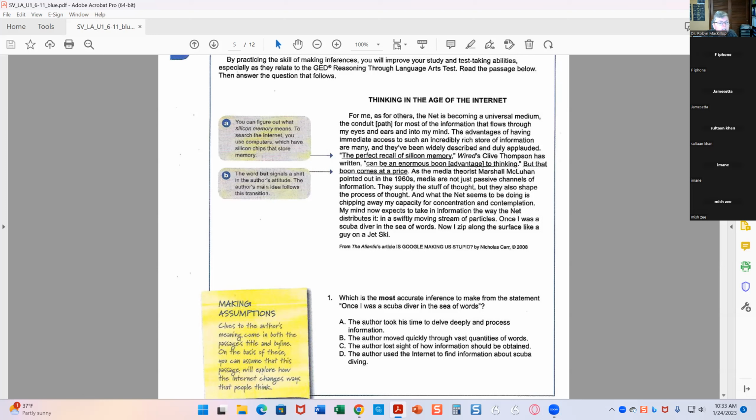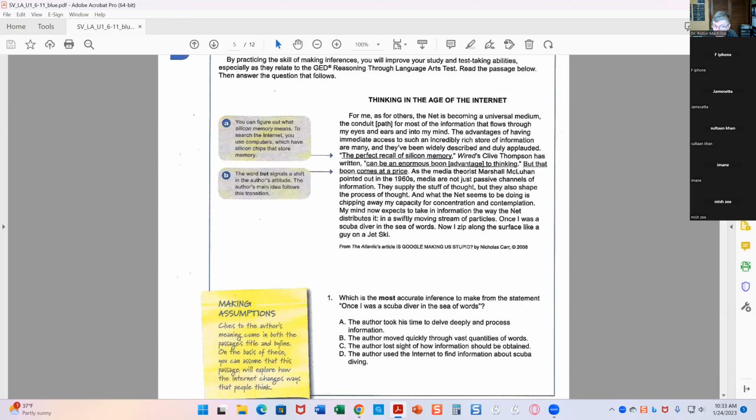Okay, so we're looking for what is the most accurate inference, and an inference is not something that they say, but something that you perceive them saying. Once I was a scuba diver in the sea of words. Was the author taking his time to delve deeply and process information?